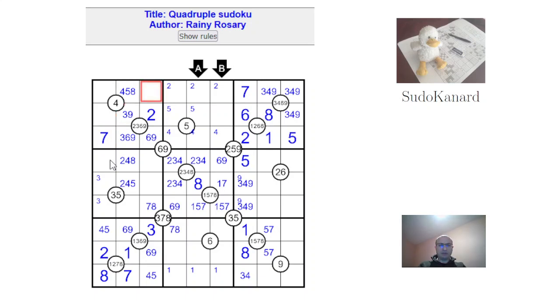So this has to be 1, 5, or 8. I don't think any of those options can be ruled out. And this 7 doesn't seem to have any impact. There has to be a 7 somewhere here. That's not really interesting.